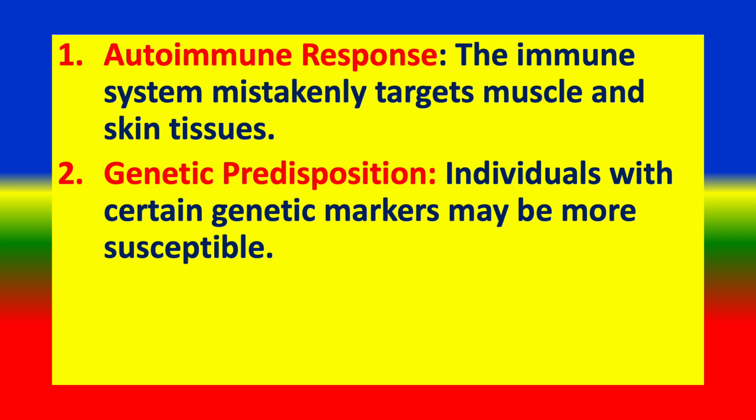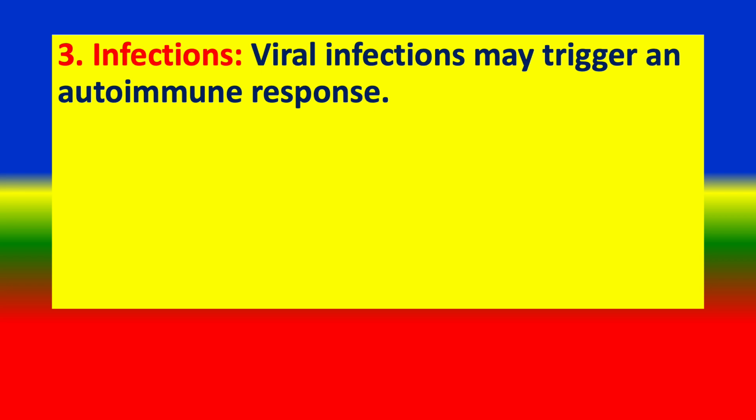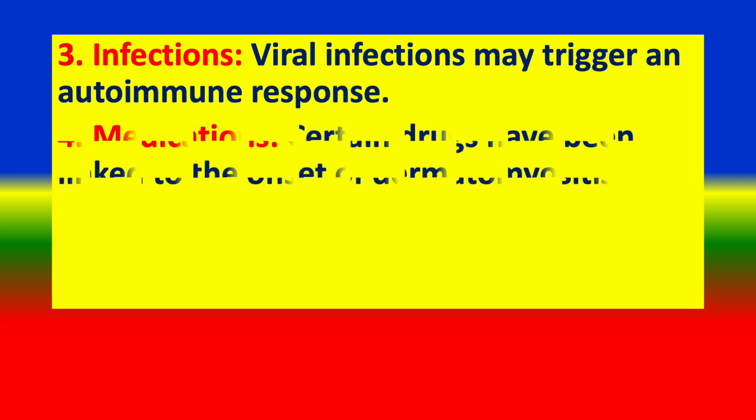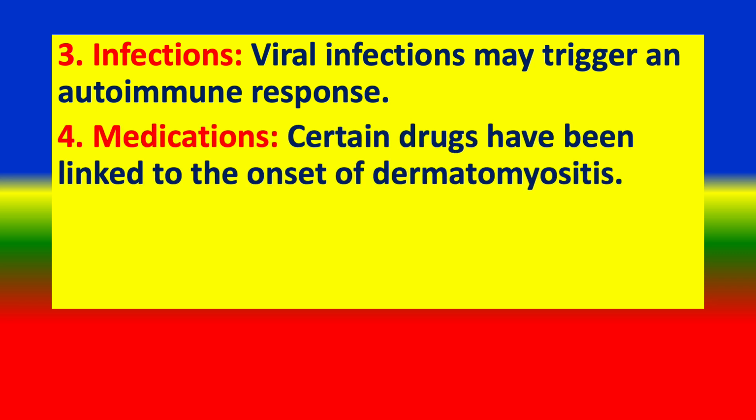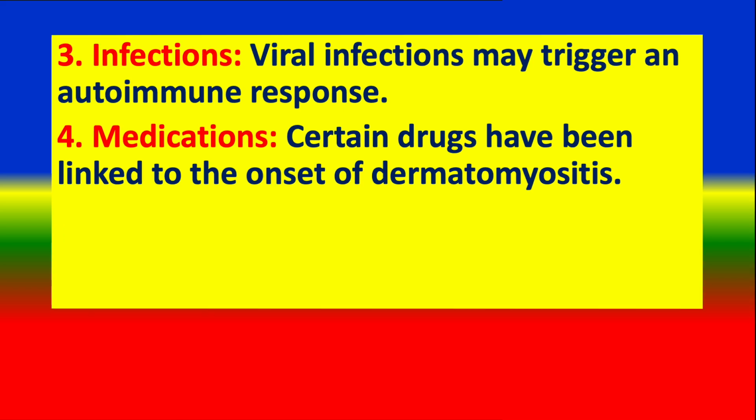Genetic predisposition. Individuals with certain genetic markers may be more susceptible. 3. Infections. Viral infections may trigger an autoimmune response. 4. Medications. Certain drugs have been linked to the onset of dermatomyositis.